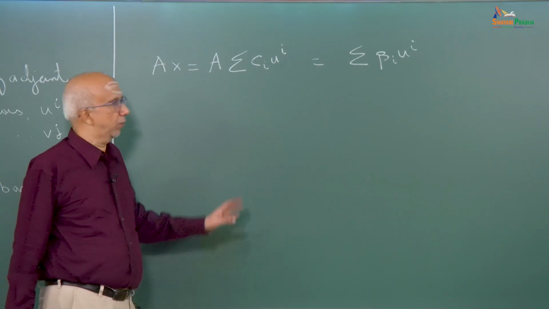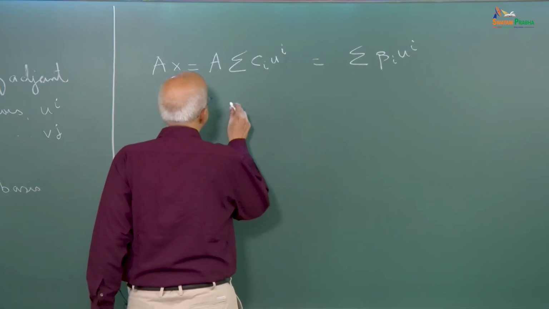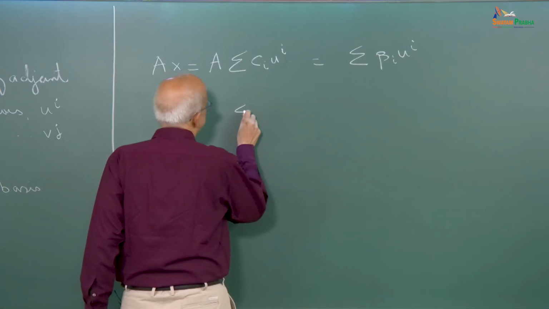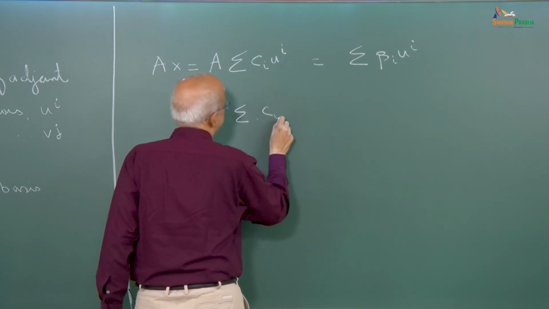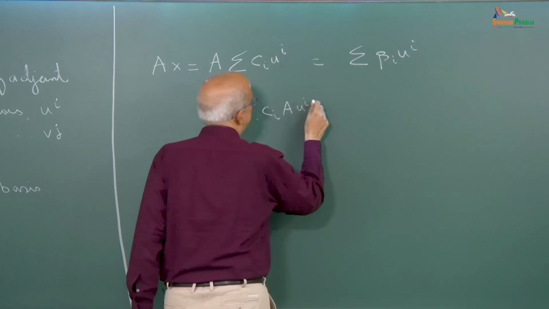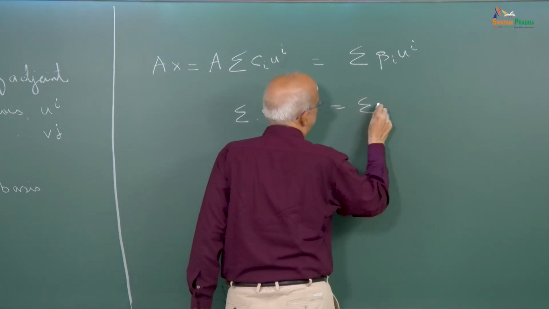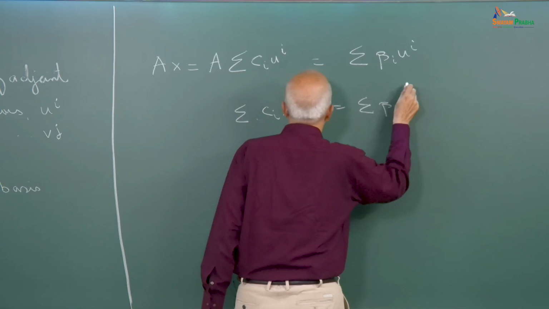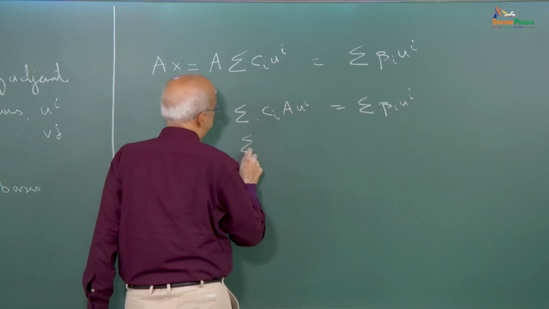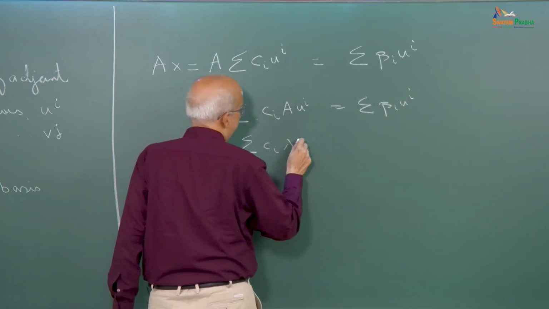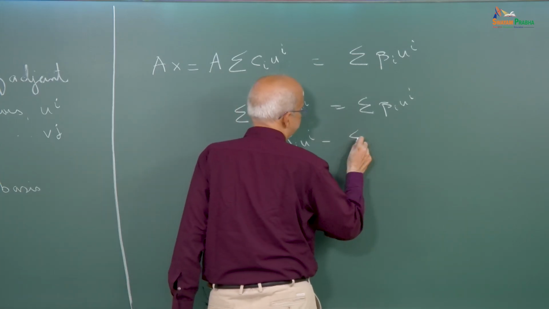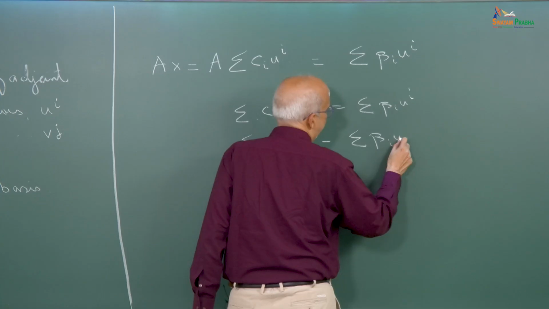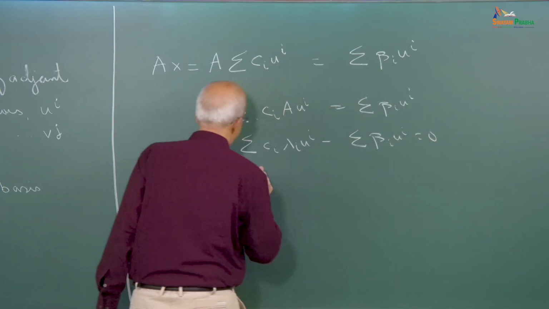Because A is a linear operator, let me do it step by step: sigma ci A ui equals sigma beta i ui, and this is sigma ci lambda i ui minus sigma beta i ui equal to 0.